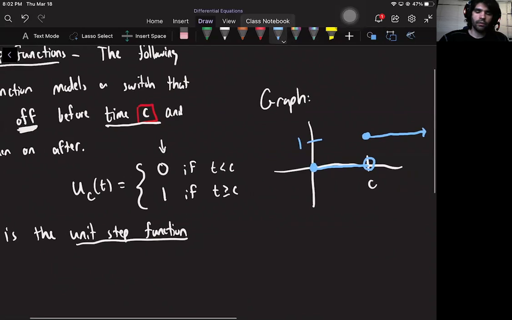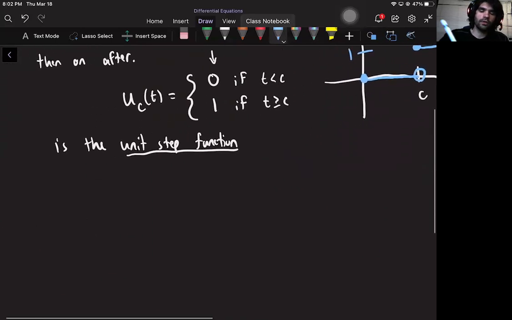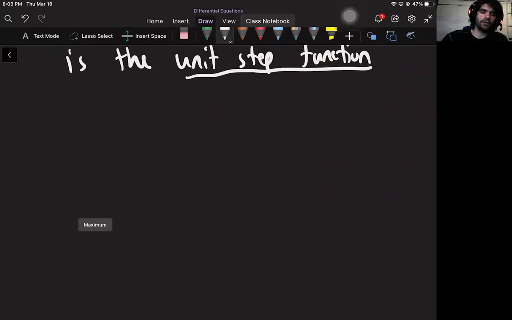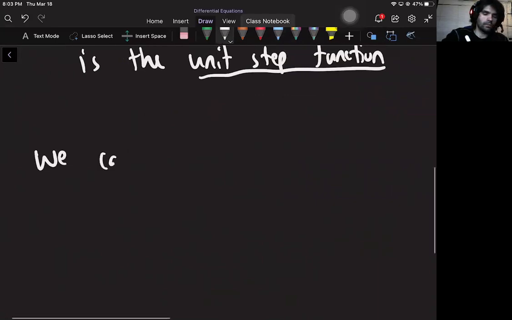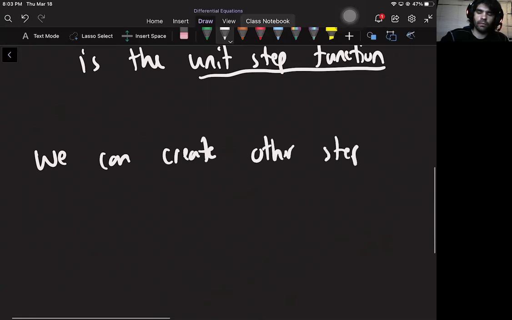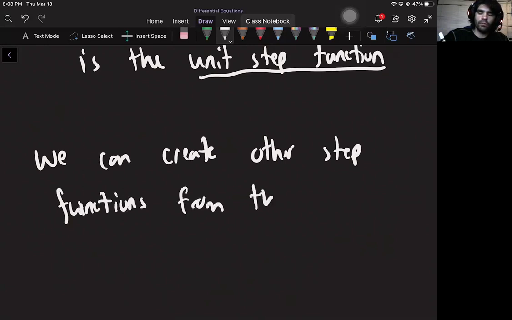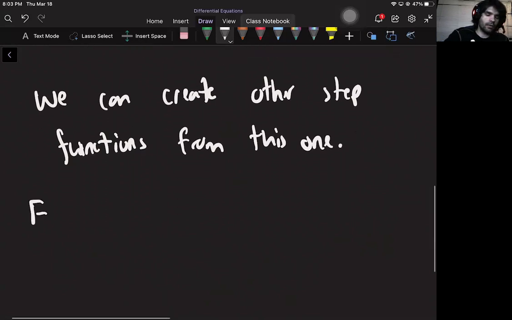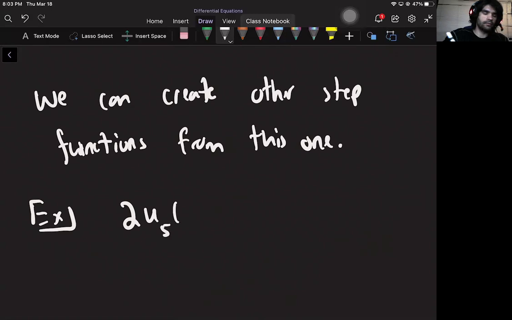And then using this, we can create lots of other step functions. So let's do that next. This is sort of like a building block. We just use this one in a bunch of fun ways. So for example, if I multiply the step function u sub 5, then what is this really?